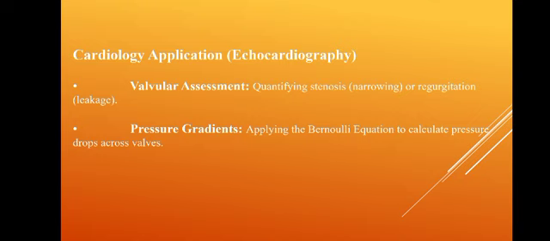Echocardiogram, that is ECG, and heart function. An echocardiogram is an example of Doppler ultrasound. It can be used to create images of cardiovascular system and to measure blood flow and cardiac tissue movement at specific points.